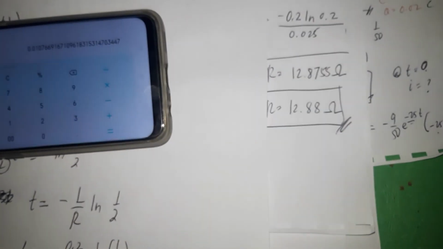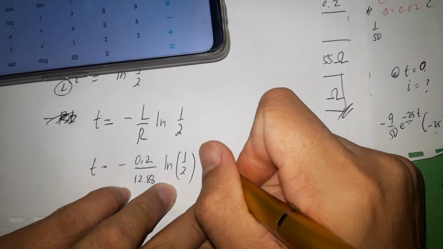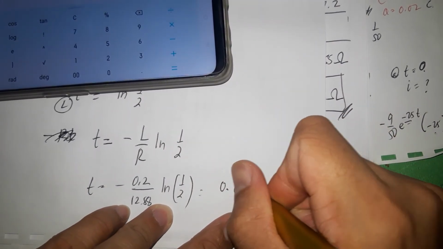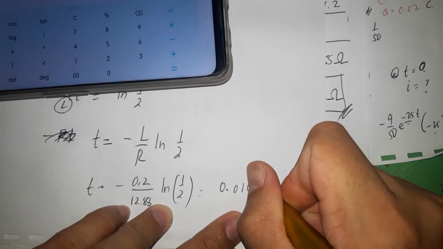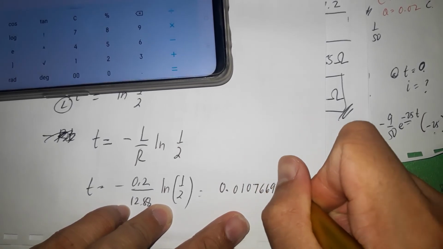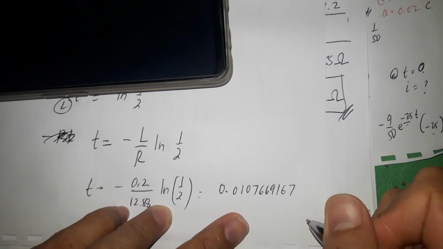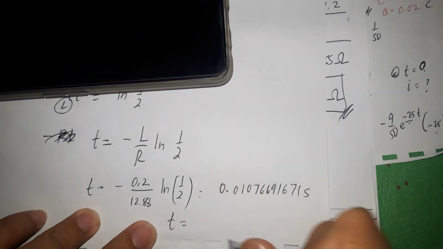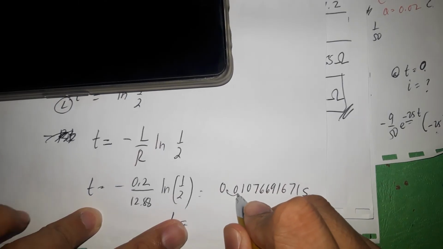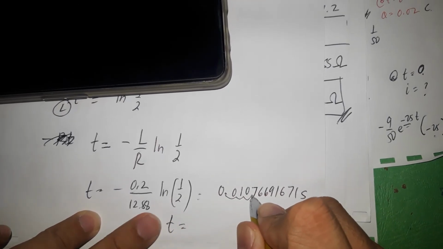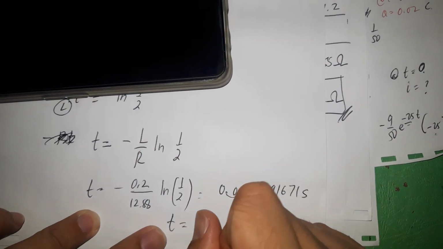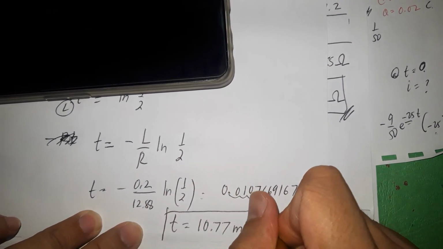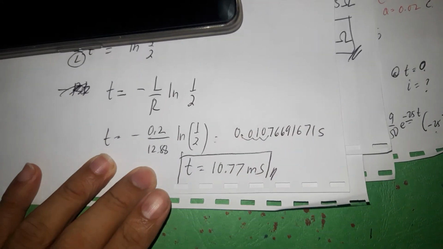That is equal to 0.01076691671 second, so moving 3 places to the right, 10.77 millisecond. That is our answer.